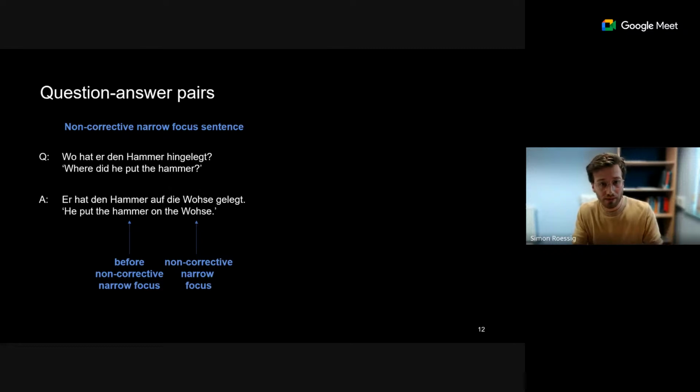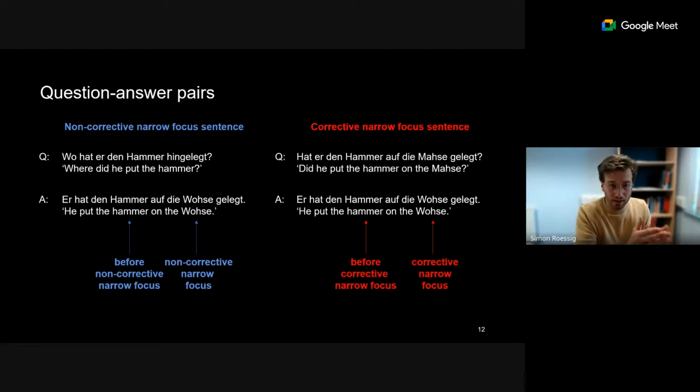Where did he put the hammer? Hat den Hammer auf die Vose gelegt. And finally, the corrective narrow focus sentence is triggered by, hat den Hammer auf die Maße gelegt? Did he put the hammer on the Maße? Where Maße here stands for some competitor, and that changes all the time. And then the answer is, hat den Hammer auf die Vose gelegt. He put the hammer on the Vose.